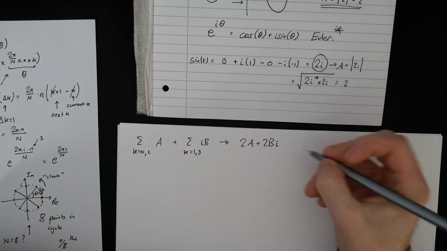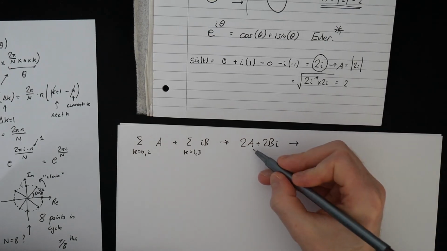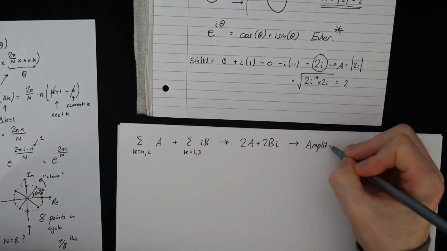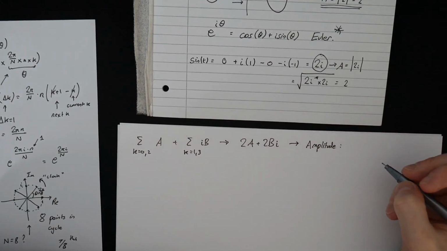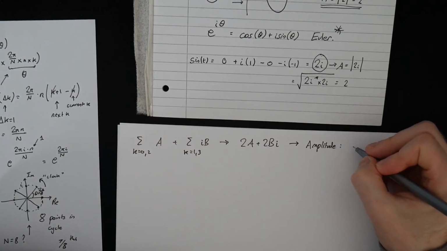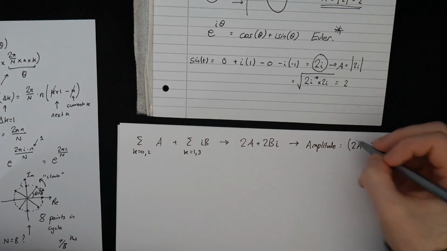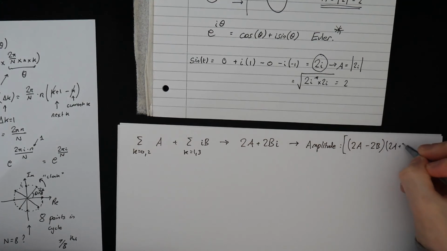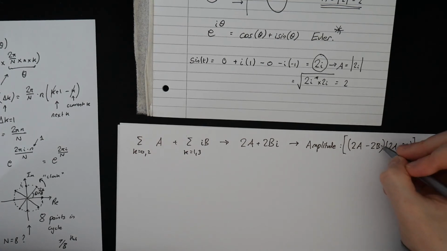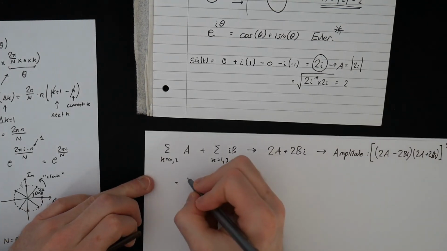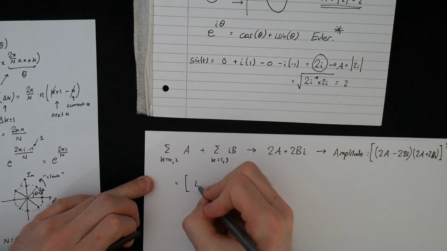So A amount of a cosine and B amount of a sine, if we take the amplitude, we just get 2a plus 2b. Sorry, this should be an I, and that should be square root. Expand it, for a square.